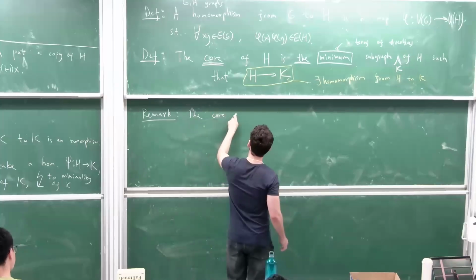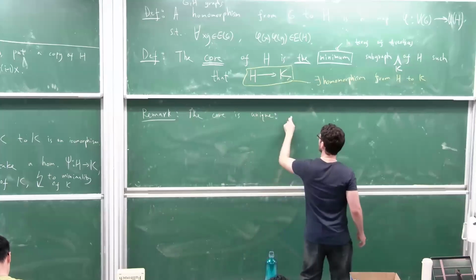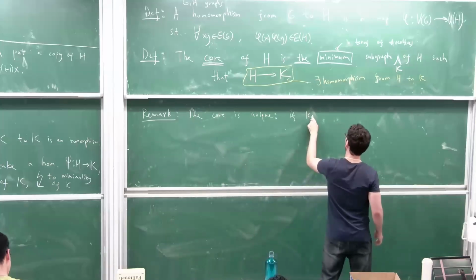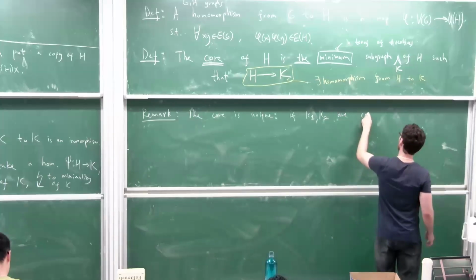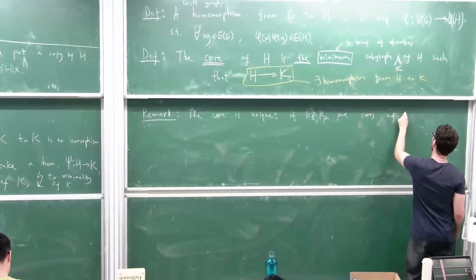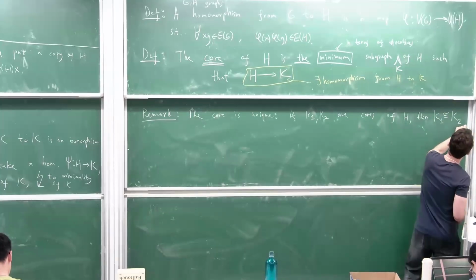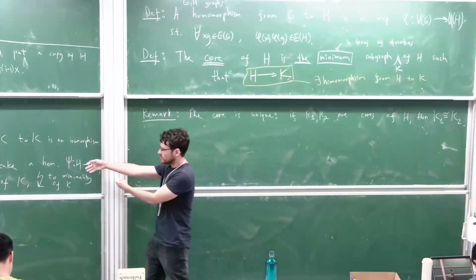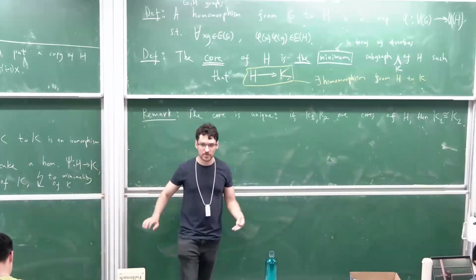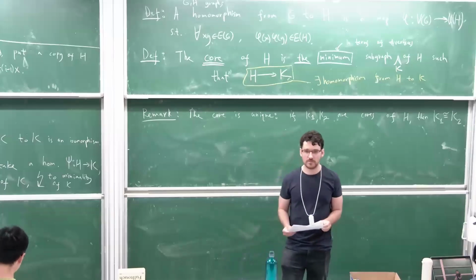The core is unique: if K1 and K2 are cores of H, then they are isomorphic. The way you prove it is similar. Questions so far?